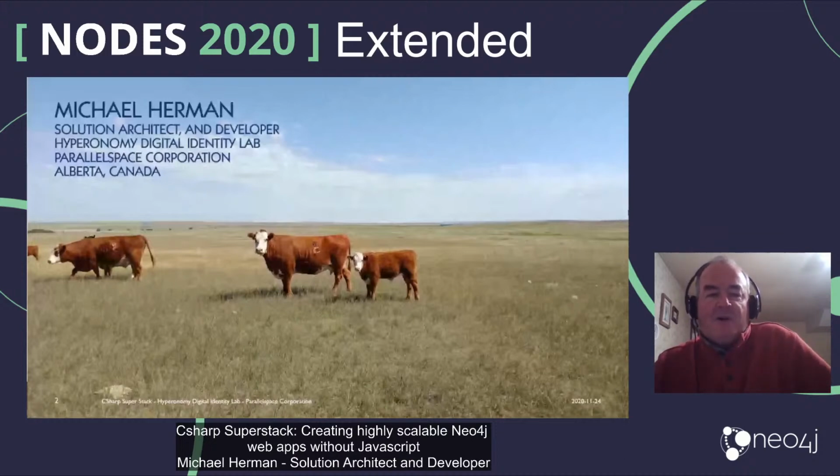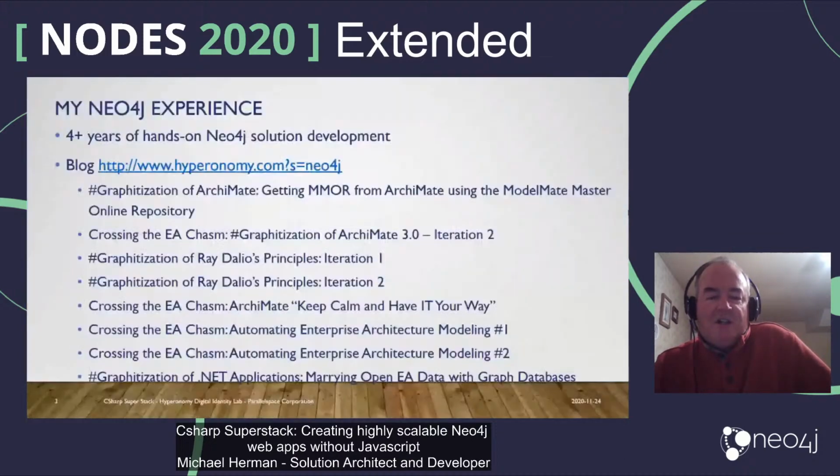I've got about 4 years of hands-on Neo4j solution development experience, going back to October 2016. I've written quite a few articles about how I've used Neo4j, and I kind of coined this term graphatization, the graphatization of various kinds of data sets.